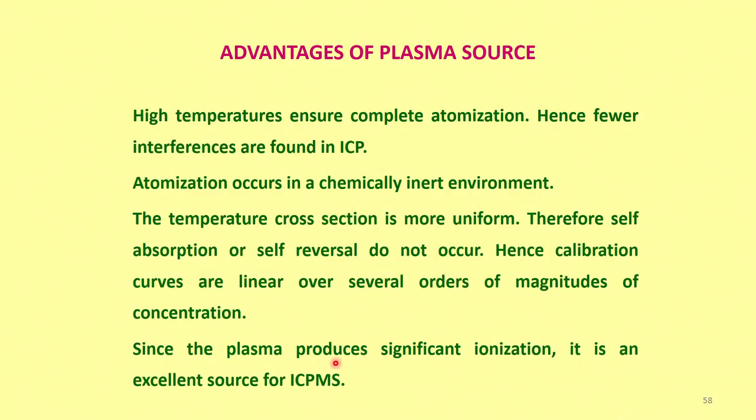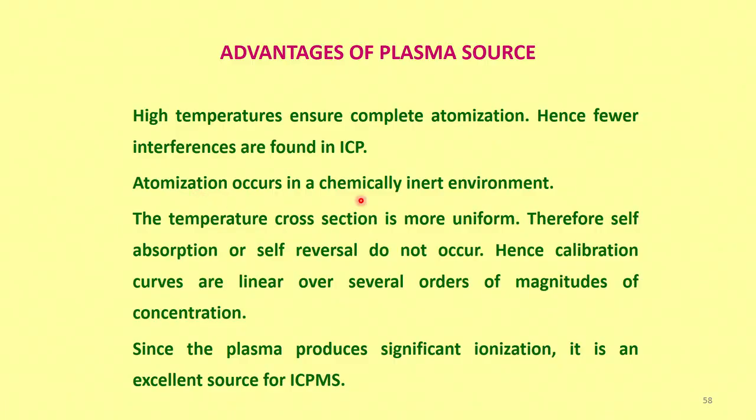So, now I would like to tell you about the advantages of plasma source. So, coming back to our discussion about why ICP AES compared to atomic absorption, that is an eternal debate I think. Okay.